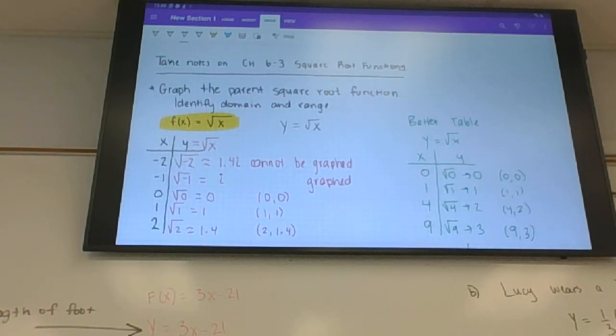Can anybody tell me what might be the best next x value in the green table? You have another one, Julie. What's the next one? 36. Yes, 36 works. Good.